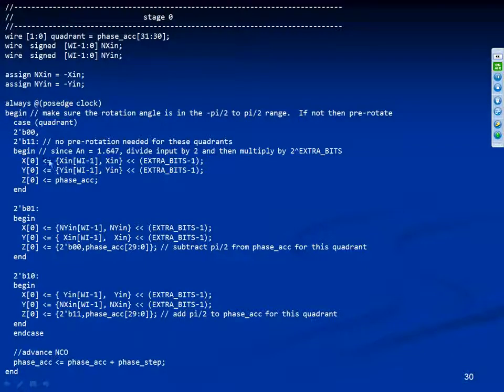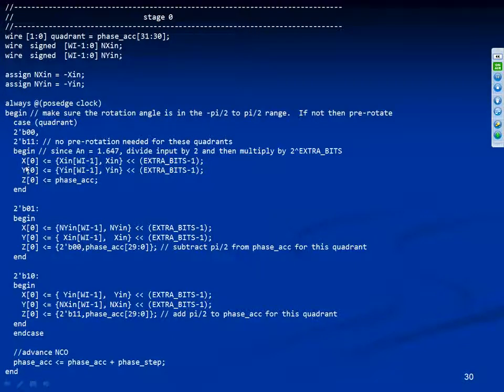If I'm in the pi over 2 to pi range, or 90 to 180 degrees, that's what this is, then I'm going to have to do a calculation. And if I'm in the other quadrant there, I'm going to have to do a calculation. So let's look first at the two quadrants where we don't have to do any calculation.